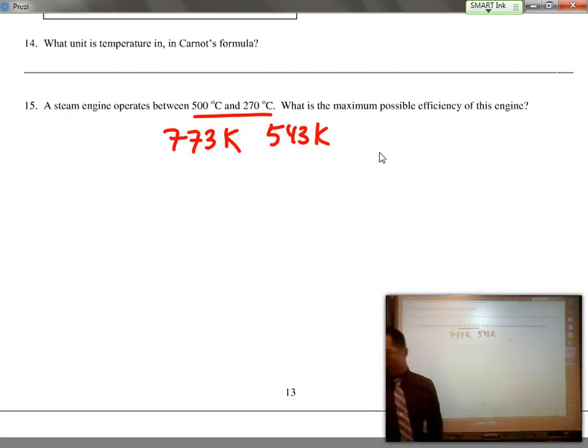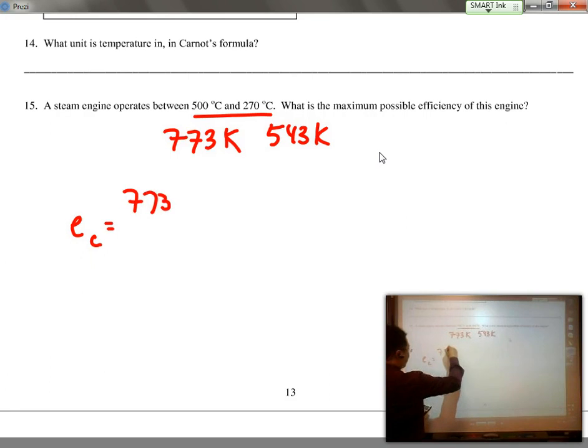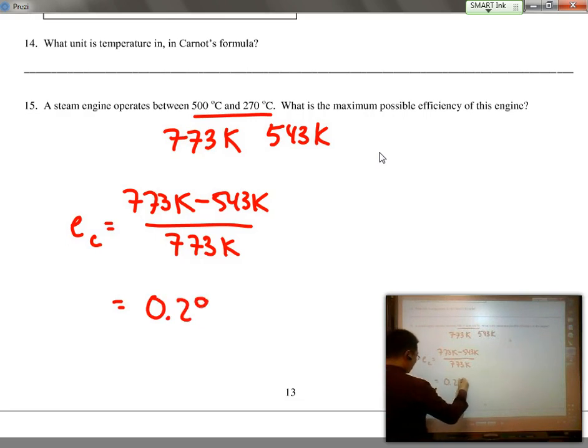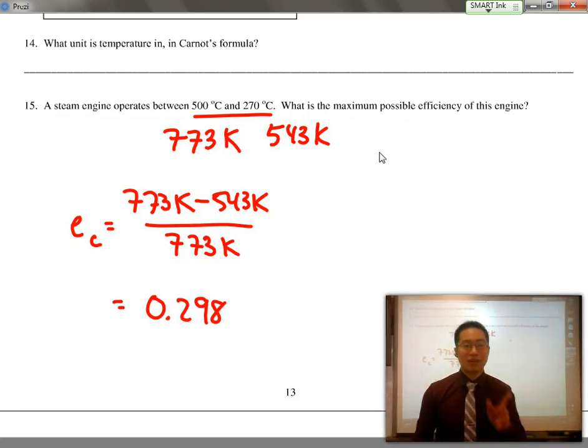So when we talk about the maximum possible efficiency of this engine, you would end up doing 773 minus 543 divided by 773 Kelvin, which equals 0.298 efficiency. So the maximum possible efficiency of a steam engine would technically be about 30%.